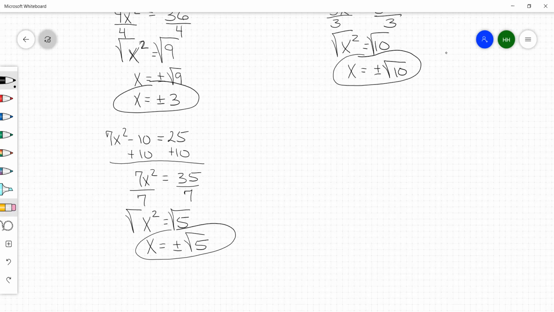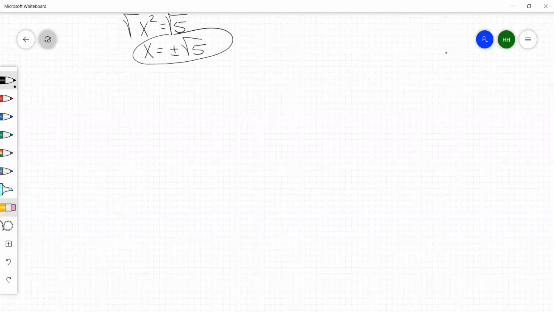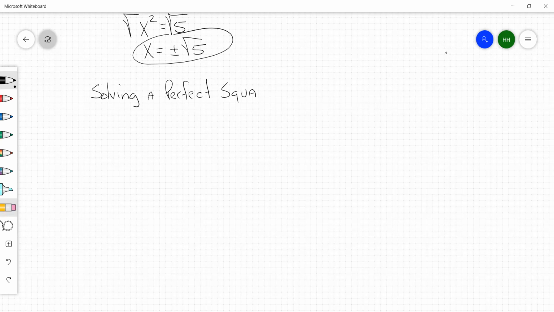All right, so next we're going to look at solving a perfect square trinomial.